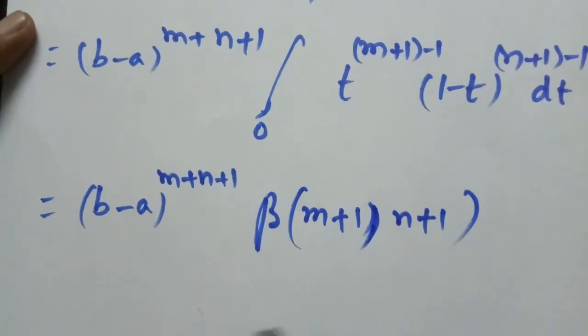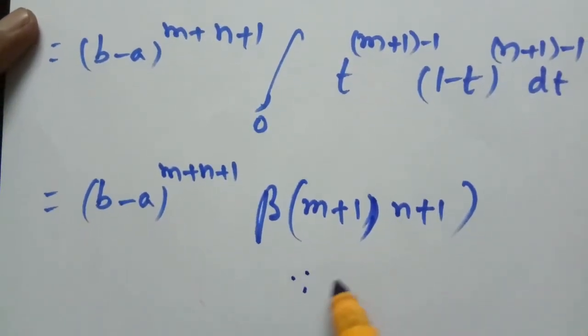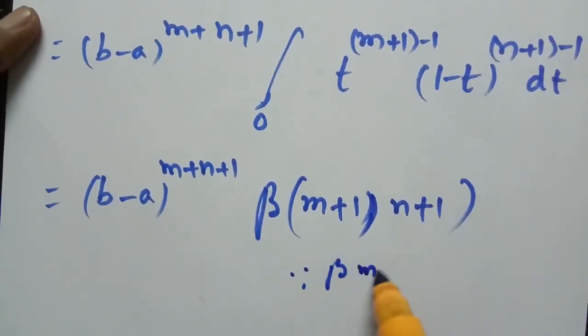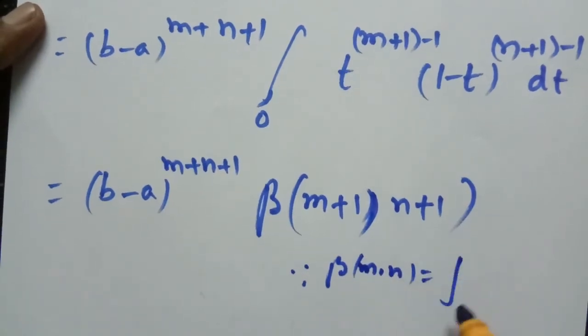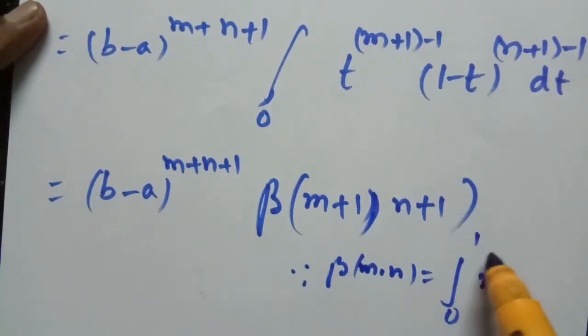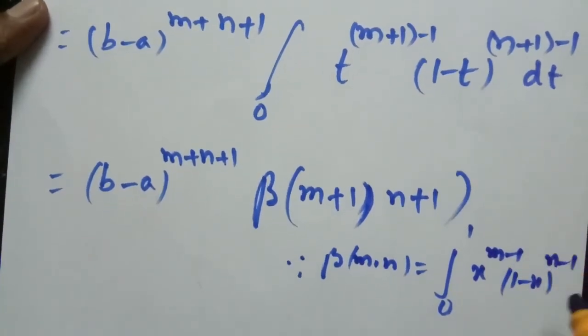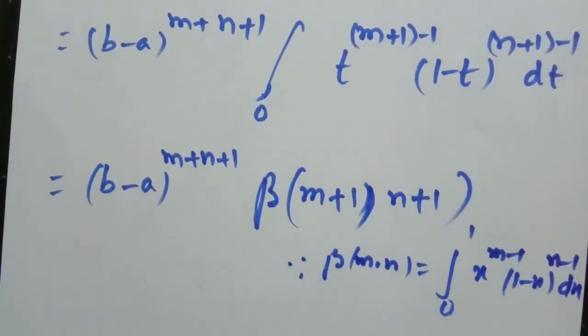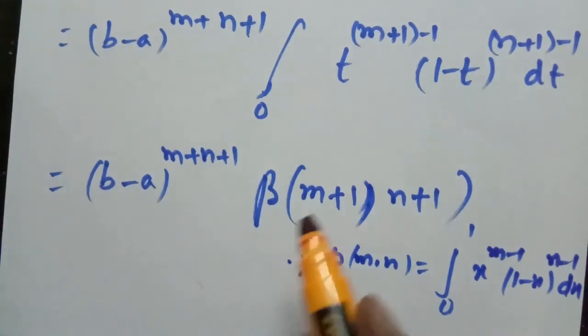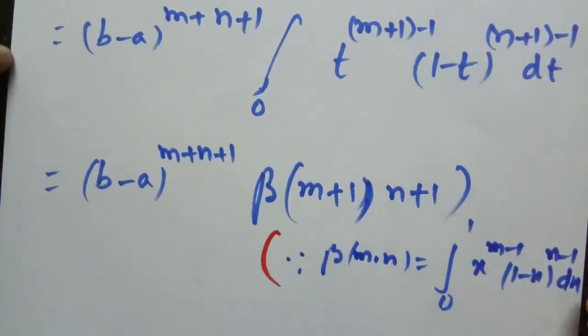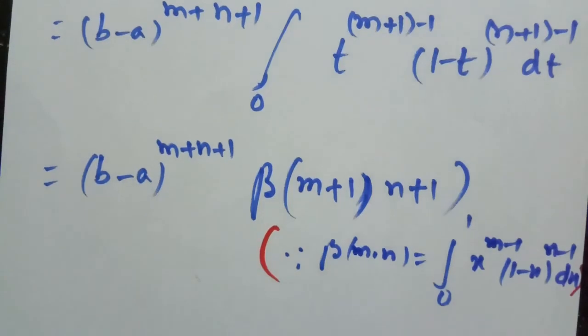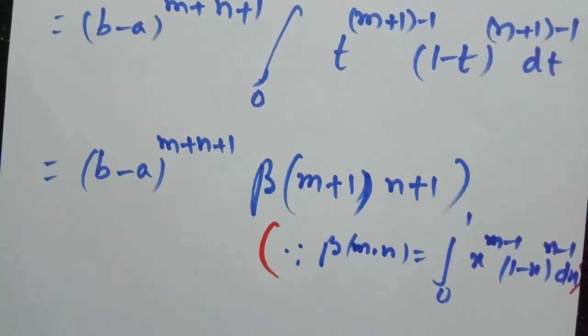By the definition of beta function, beta m comma n is equal to integral 0 to 1 x power m minus 1 into 1 minus x whole to the power of n minus 1 dx. This is the formula. By using this formula, where in the place of m there is m plus 1, in the place of n there is n plus 1.